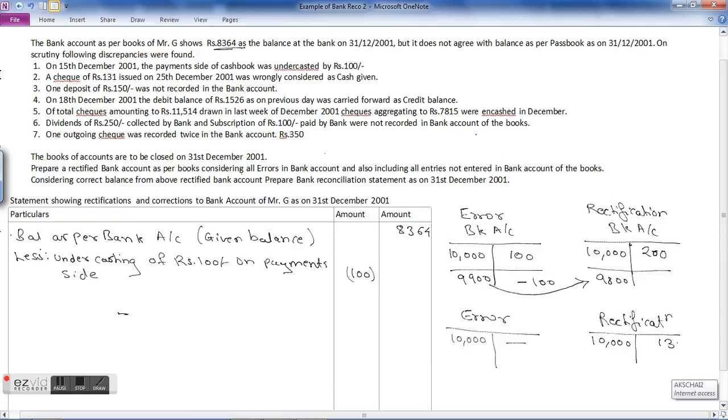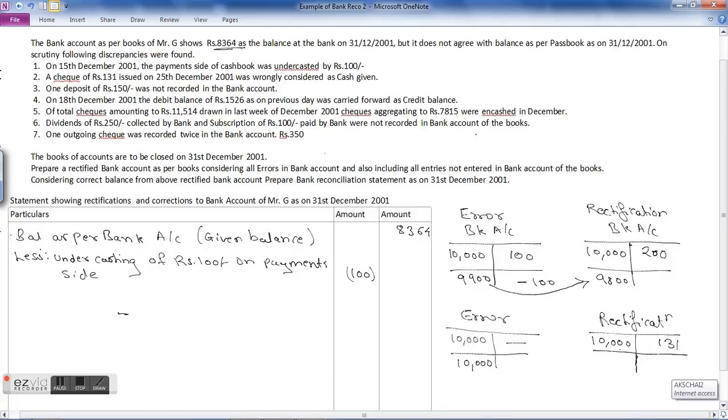So on the credit side of bank account, we'll put an entry of 131, and since it was wrongly credited to cash account, we'll be debiting the cash account. So due to this, what has happened is, the balance has reduced here because of the error. The balance should have been 10,000.